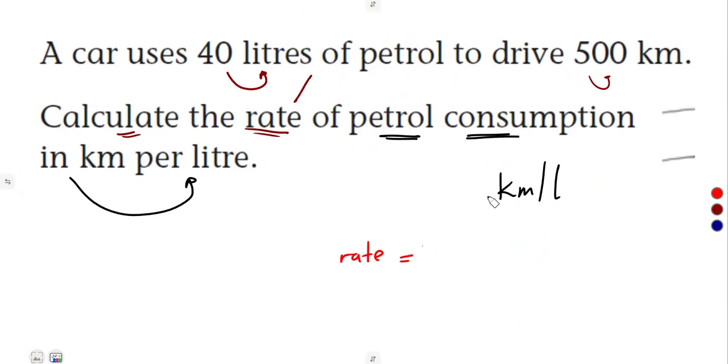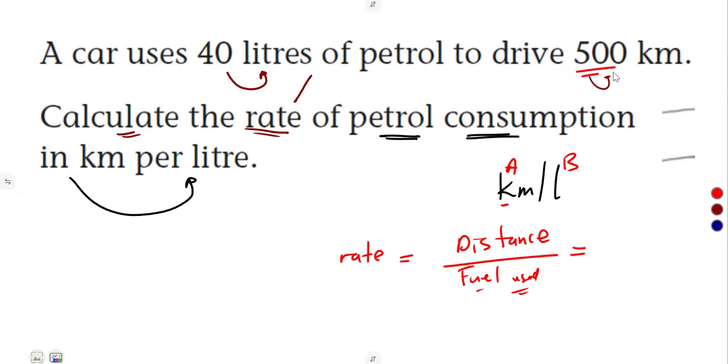So what is quantity A? The first one, kilometers, to B. So it must be quantity A, which is the distance in kilometers, over the liters, the fuel used, which is our petrol. What is that distance?